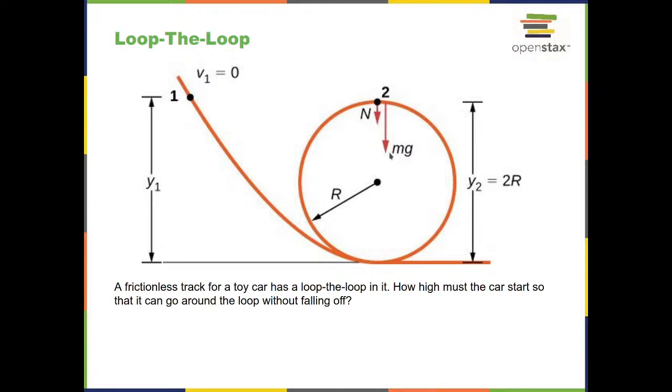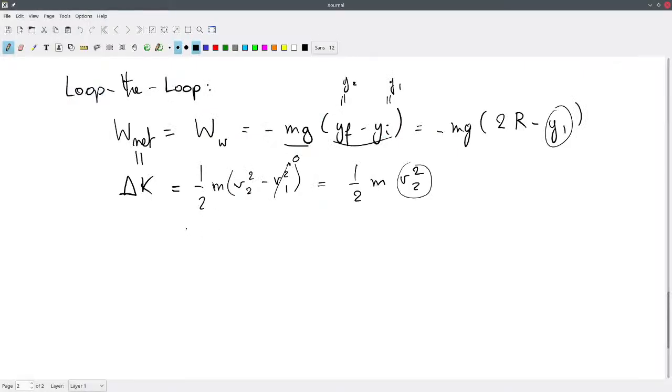So the normal force plus the weight is equal to the mass times the centripetal acceleration. And we know that centripetal acceleration is v squared over r.